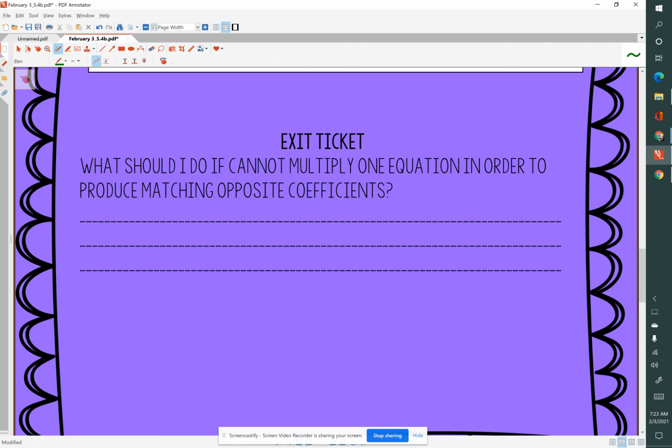So what should I do if I cannot multiply one equation in order to produce matching opposite coefficients?